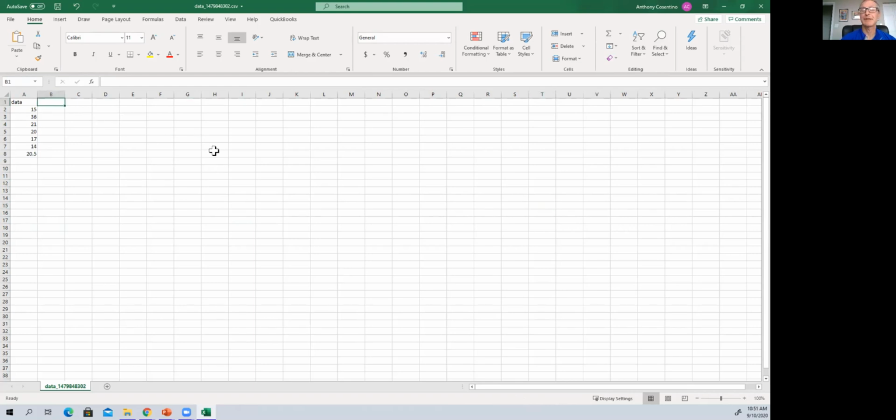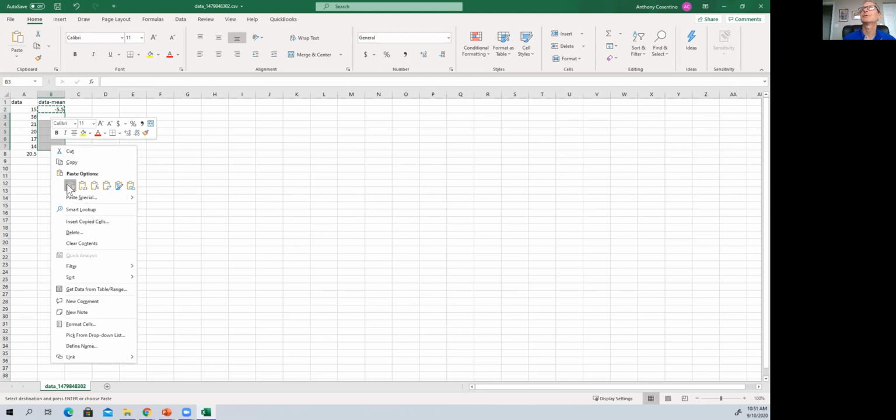So the strategy here is the data minus the mean is this one. Basically you would take an equal sign and the data point, and then you subtract, and the mean is 20.5. So we'll just type that in. And then you copy and paste the formulas like we've been doing.